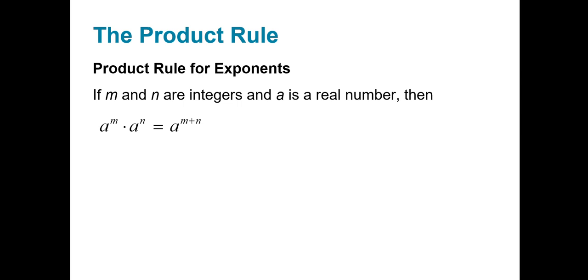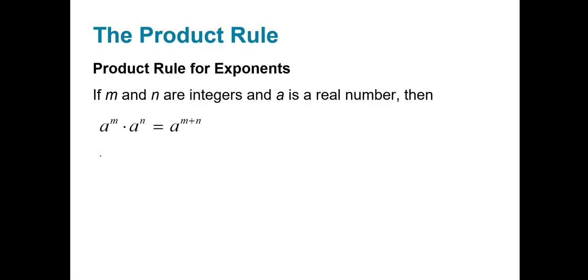So the first rule of exponents that we have is the product rule. The product rule simply means that when we are multiplying two terms with the same base, we will add the exponents.